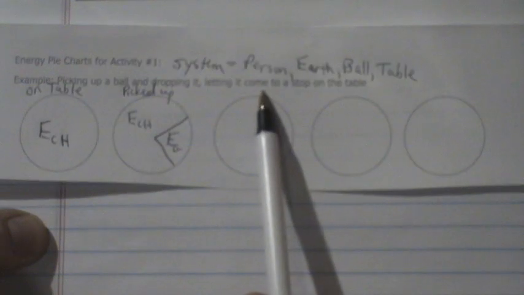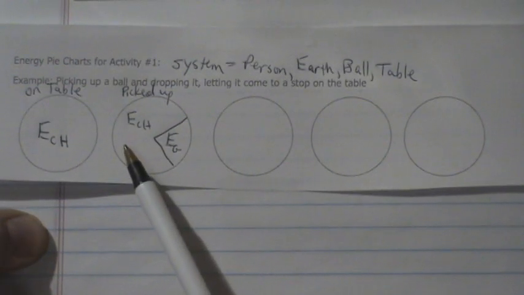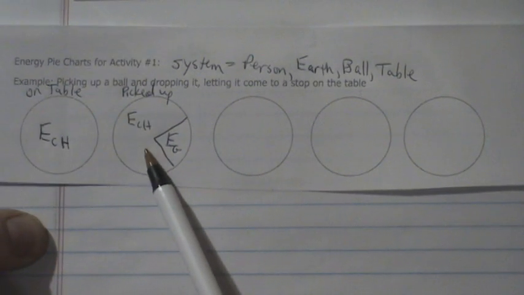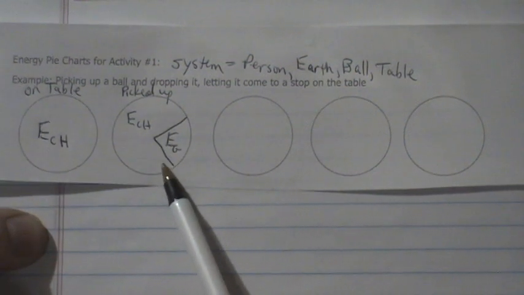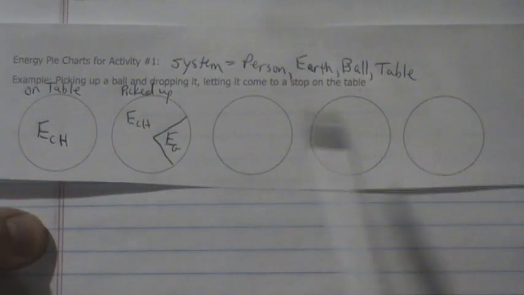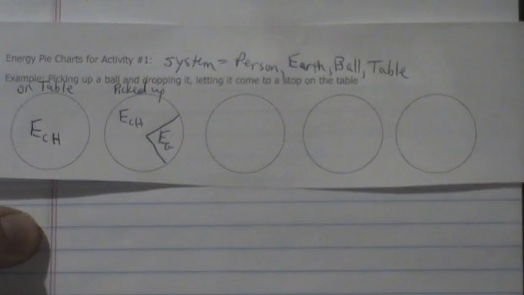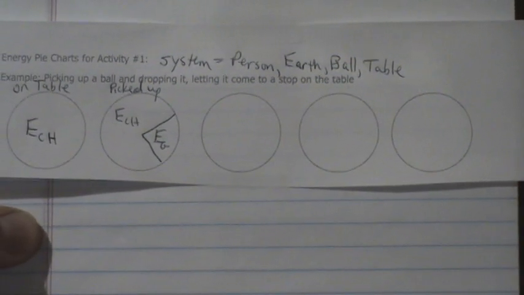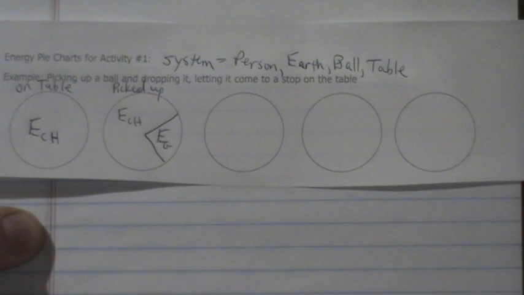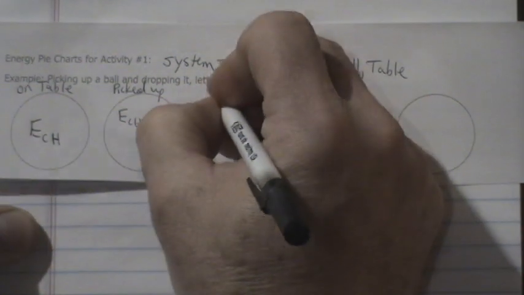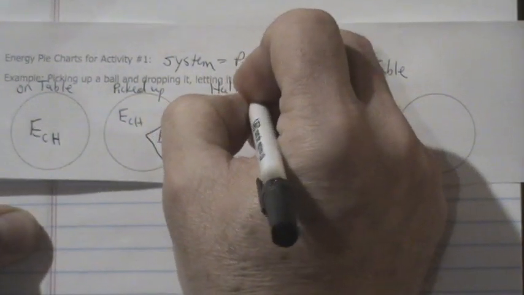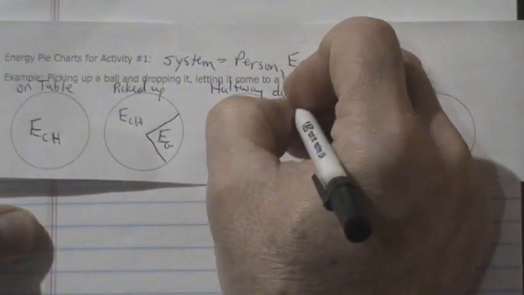After I've dropped the ball, I'm just standing and watching, so the amount of chemical energy in my body is not going to change. This outside area is going to stay the same for the rest of these diagrams. We could choose several different places to diagram where the energy is stored for the rest of this interaction, but let's pick one where the ball has been dropped and is now halfway down.